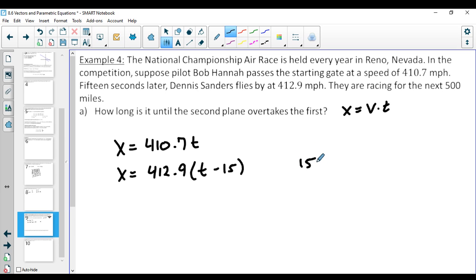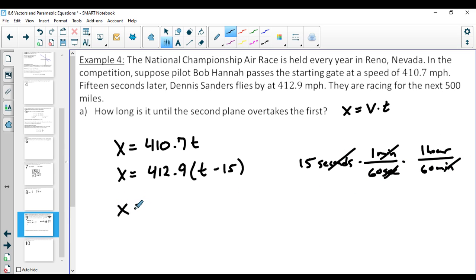If you do 15 seconds, I'm sure you guys can convert to hours, but you can do the dimensional analysis: 1 minute over 60 seconds, and then 1 hour over 60 minutes. So the seconds cancel with the seconds, the minutes cancel with the minutes, and then you're left in terms of hours.